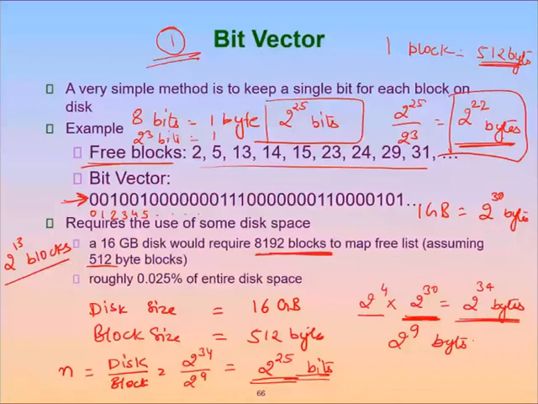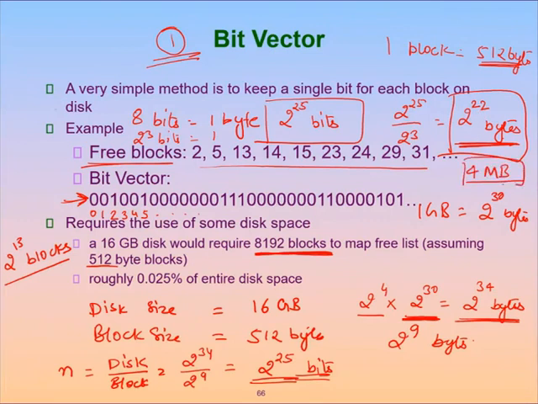So if we have a 16 GB disk, then we need 8192 blocks, or 2 to the power 13 blocks, to map this free information. If we convert 2 to the power 22 bytes into MB, it comes to 4 MB.